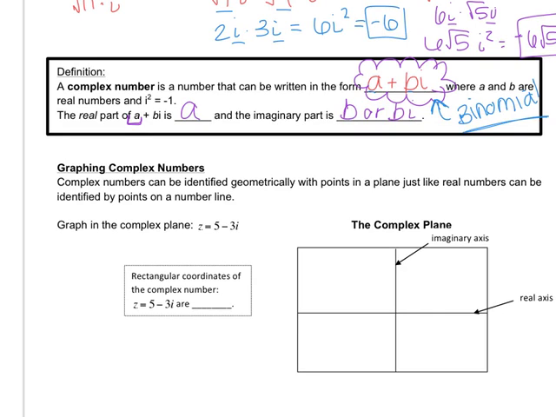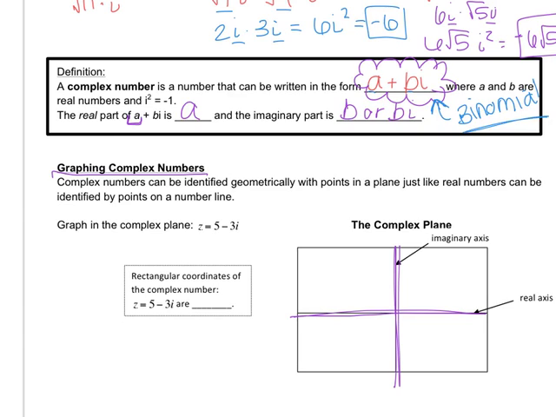So we actually can graph complex numbers in the same way that we graph normal x's and y's. The plane, we call it the complex plane, but it behaves and looks similar, just like our rectangular Cartesian plane. So in the complex plane, we've got the real axis, so we're used to this being the x-axis, but now any real numbers of a complex number are graphed along the real axis, and then the imaginary part of any complex number is graphed along the y-axis.